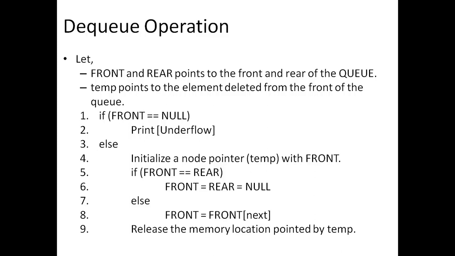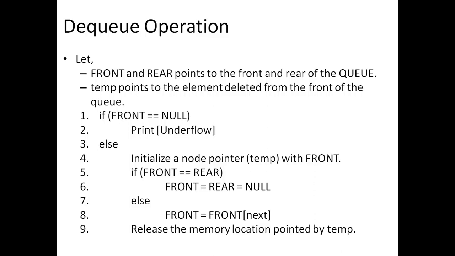If front is existing, then we have to check if the queue is having a single node or not, because if a single node is there, then deletion will update both the pointers at line 6, which signifies that the queue is empty now.